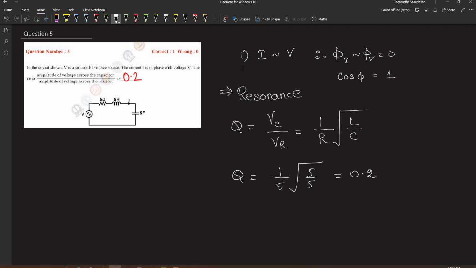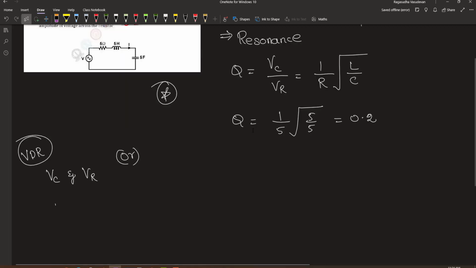We can also solve this problem by using another method. Just by applying the voltage division rule, we can also find out the value of voltage across the capacitor and voltage across the resistor. This is the simple method to solve this problem, but let me also teach you another method.